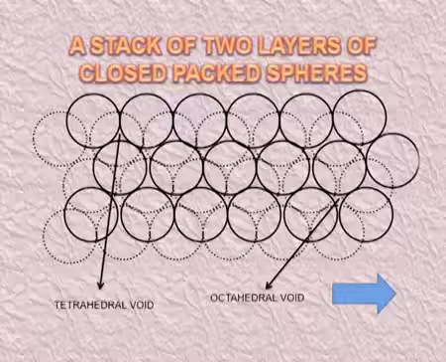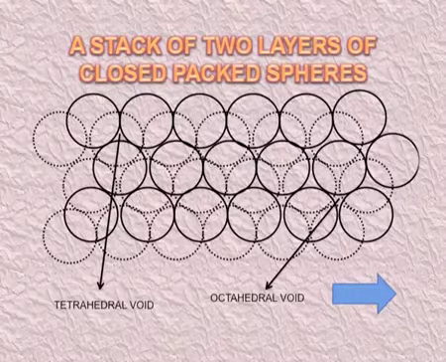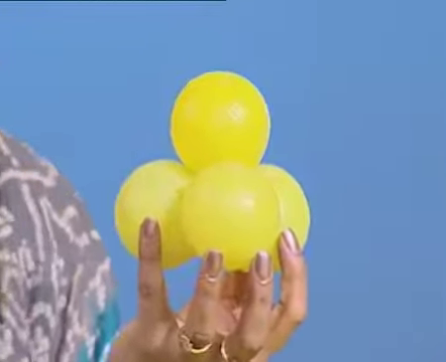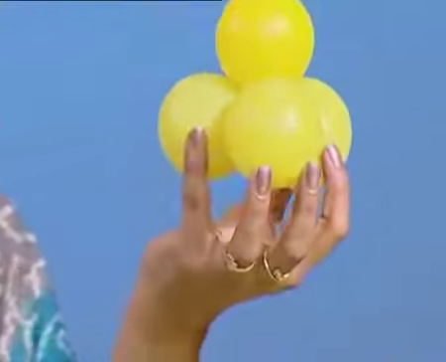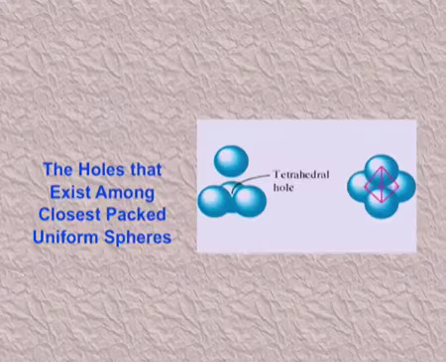The tetrahedral void is a void between the four touching spheres. The tetrahedral void is the vacant space or the unutilized space between the four atoms. These are the four balls, and the empty space enclosed between these four touching spheres is known as a tetrahedral void.